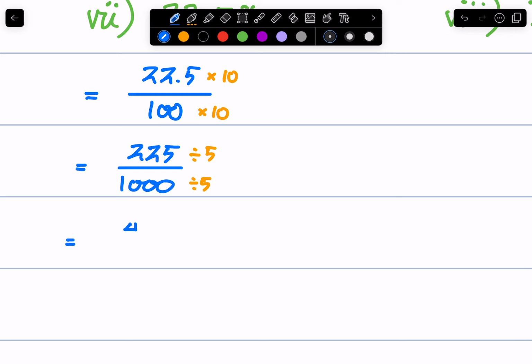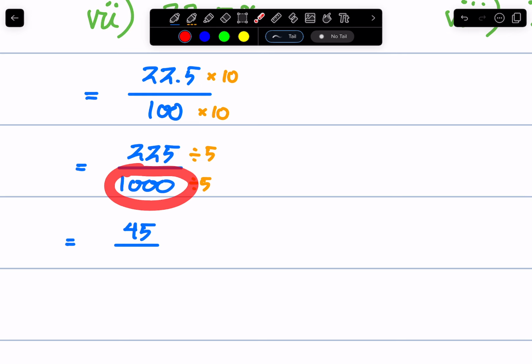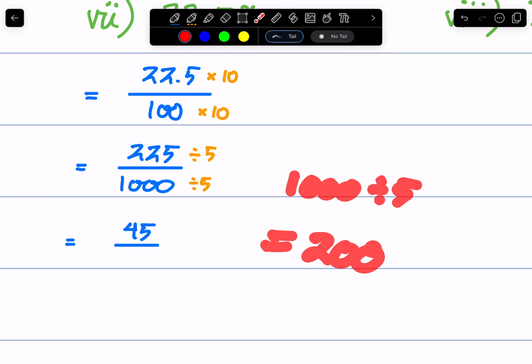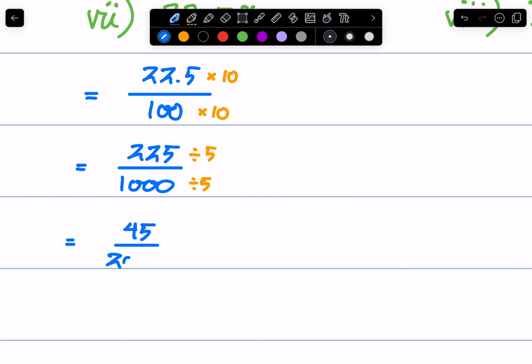So the final answer must be 45 over, once again, 100 divided by 5 is 20, which means 1000 divided by 5 must be 200.